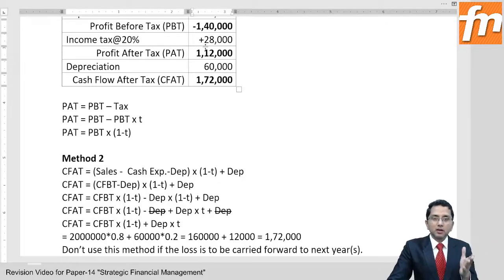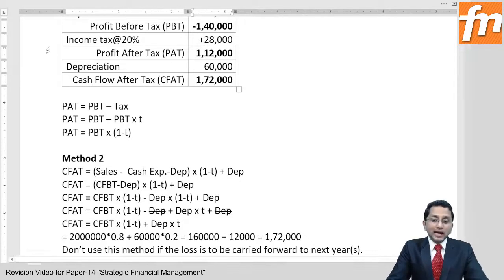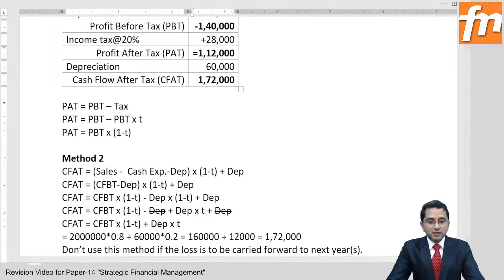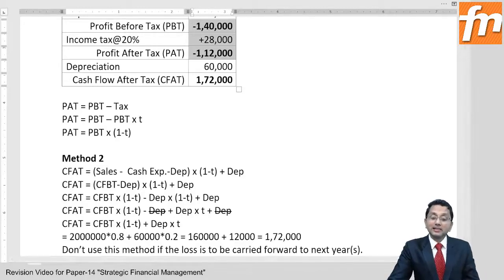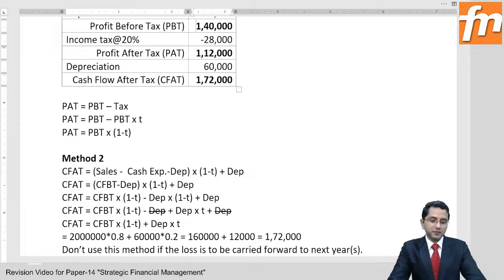If I deduct this loss, the taxable profit over there will reduce and I'll have to pay lower taxes. That is called tax benefit or tax shield or inflow of tax. In that case, tax will become inflow and my loss after tax will reduce.